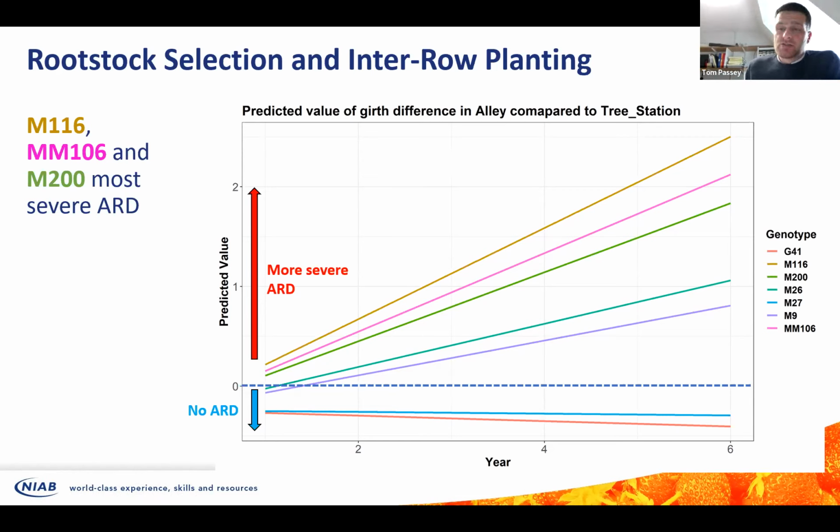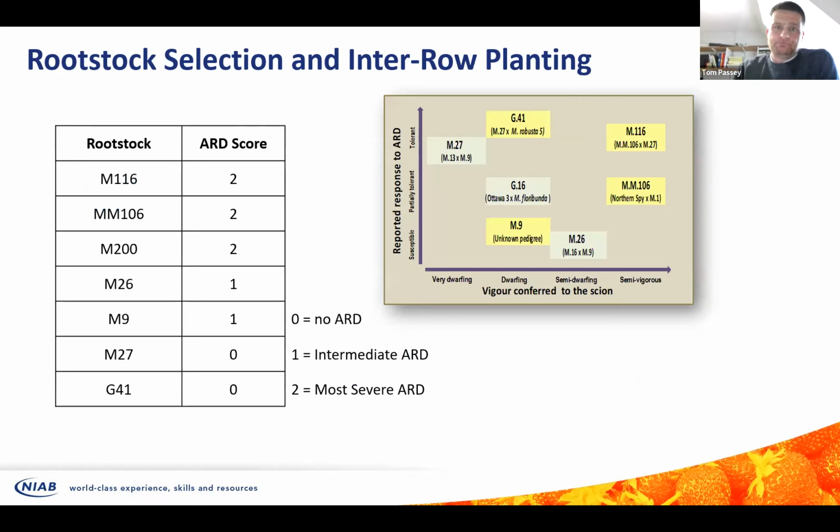This is where the trees in the tree stations were much smaller. The growth was smaller compared to that of the same trees in the alleyway. To show this point further, this time the different rootstocks have been given a replant disease score.